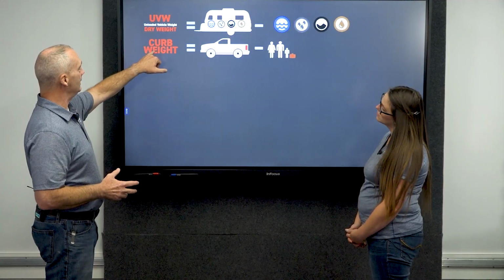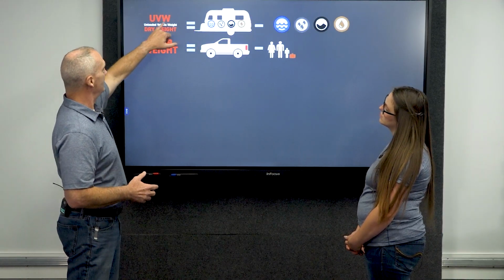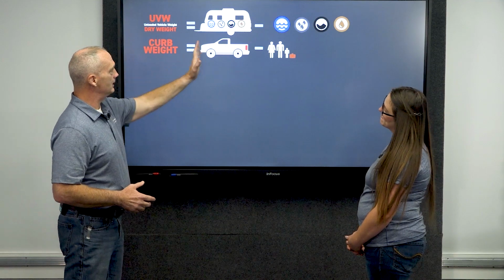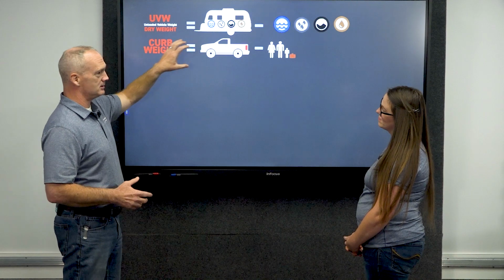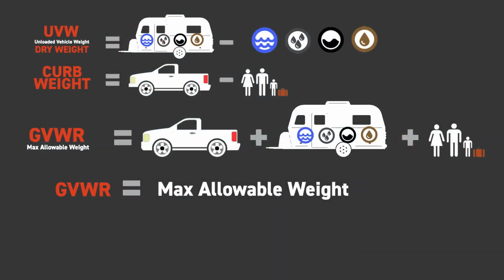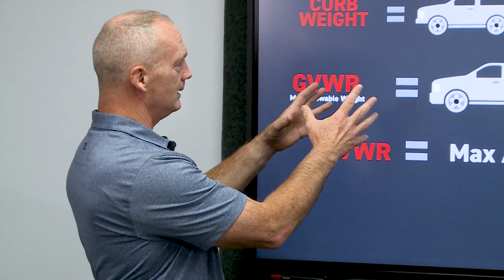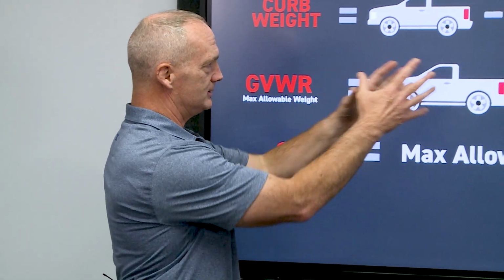Now the curb weight, like I said, it's the same thing as UVW, only you remove all your luggage and all your people out of the truck. It's just the truck. So the next rating I want to talk to you about is called the gross vehicle weight rating. And that rating is individually assigned to each vehicle.